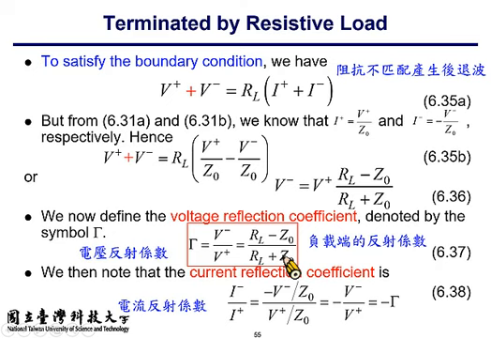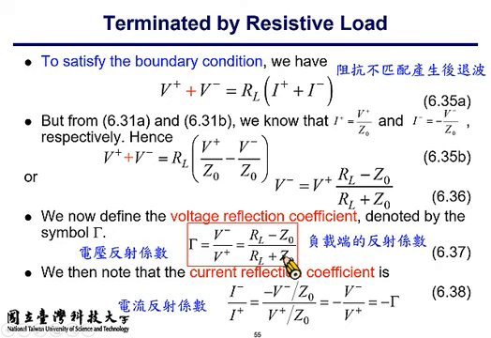So if you have an open circuit, the reflection coefficient is 1, which also suggests all the incident power is reflected. All the incident signal is reflected with its polarity the same as the incident signal.